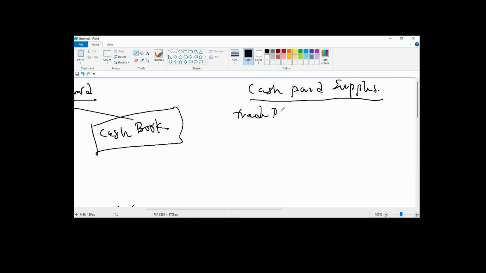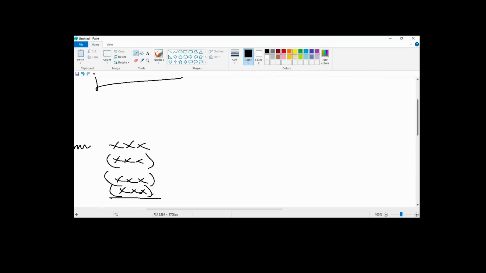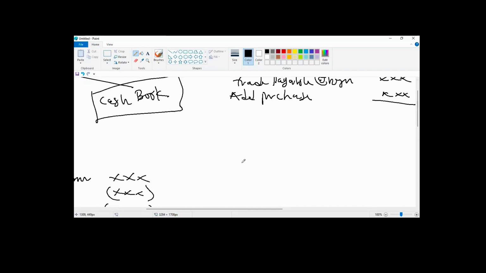Trade payable at the beginning, then add purchases to it. But I will not see purchases; that is the problem. I will only see cost of sales. I'll use the old method to determine purchases: opening stock, add purchases, less closing stock gives us cost of sales.